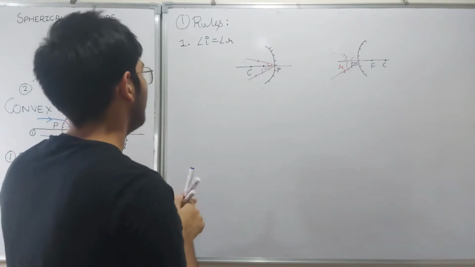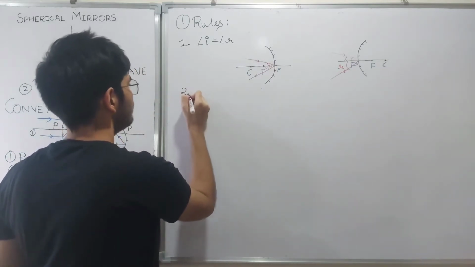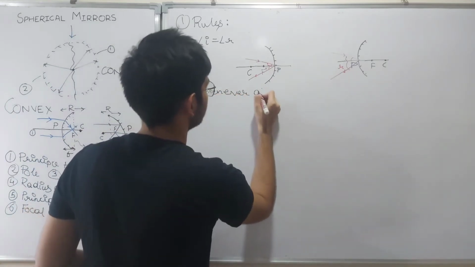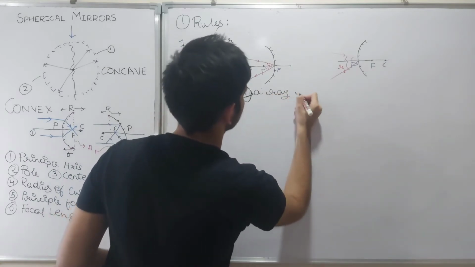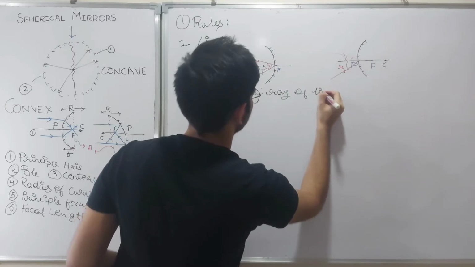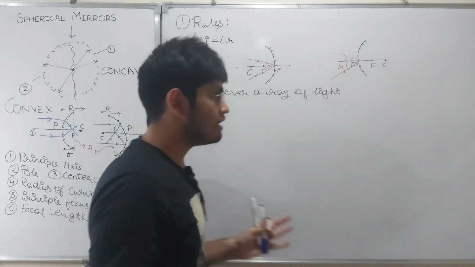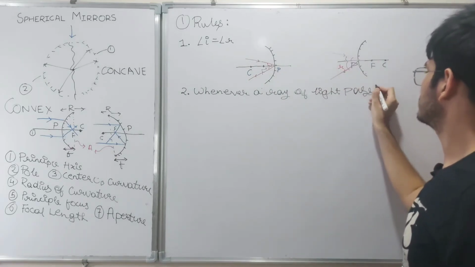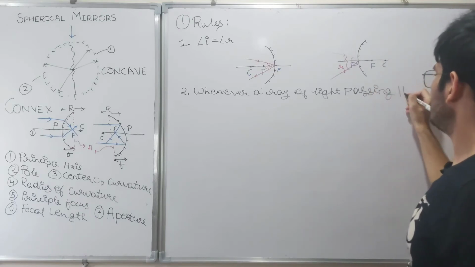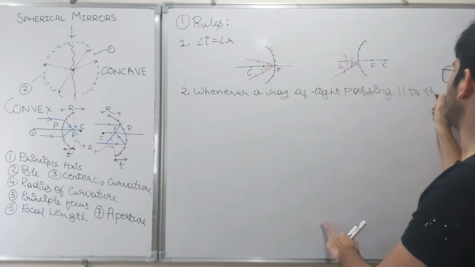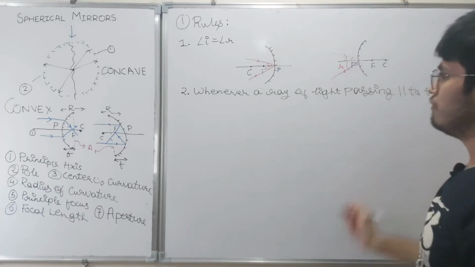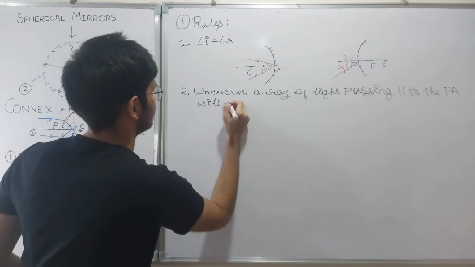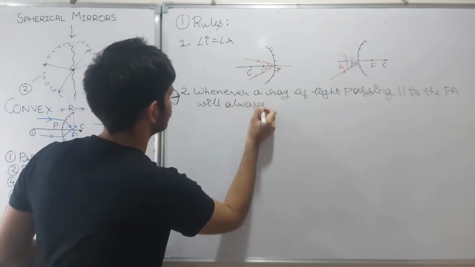The second rule tells us that whenever a ray of light, I am writing it over here, whenever a ray of light passing parallel to the principal axis will always pass through the focus.